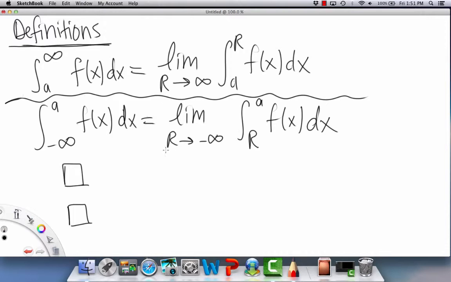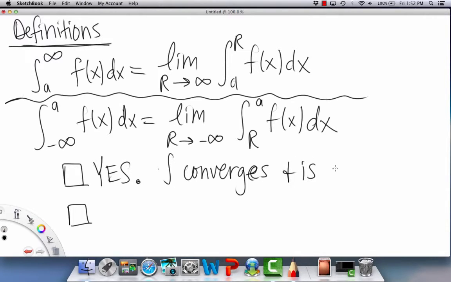But in either case, if the limit exists, then the integral is said to converge. That's the term they use when you actually get a numerical answer. So the integral converges and is finite, and finite just means a fixed number or value.